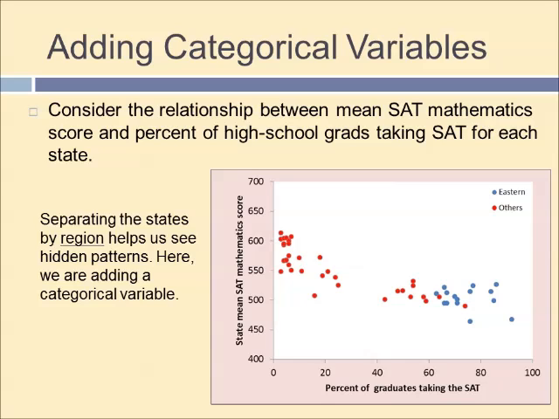So if we separate these into red and blue data points as those that are eastern states versus all the others, it's fairly clear to see that there's a cluster of eastern states at the high end of percent of grads taking the SAT, whereas the cluster of the red tend to fall into the lower percentages of graduates taking the SAT.